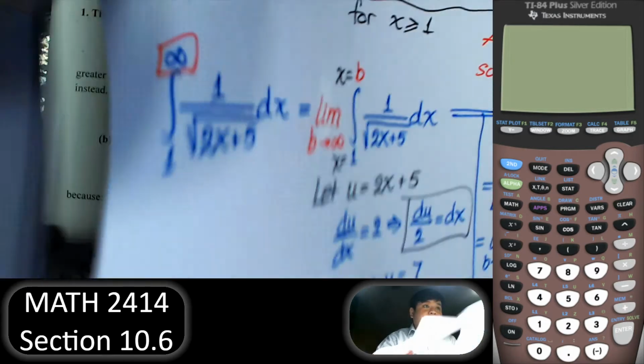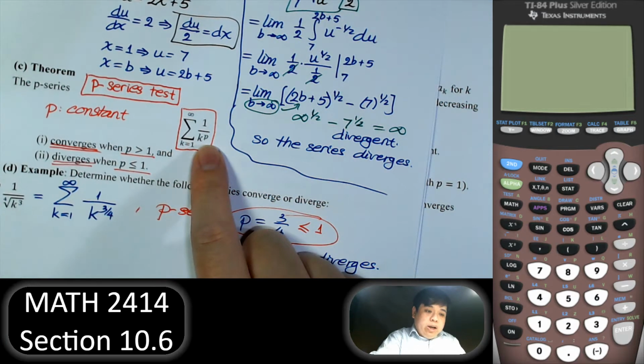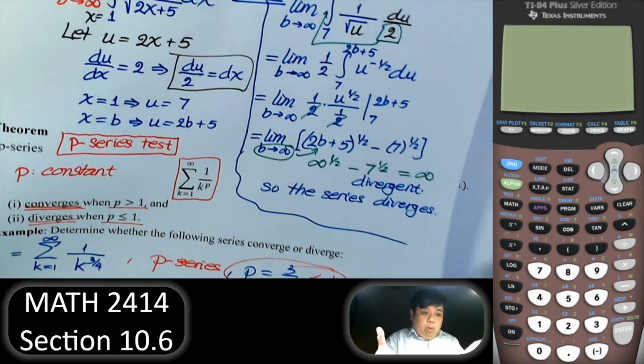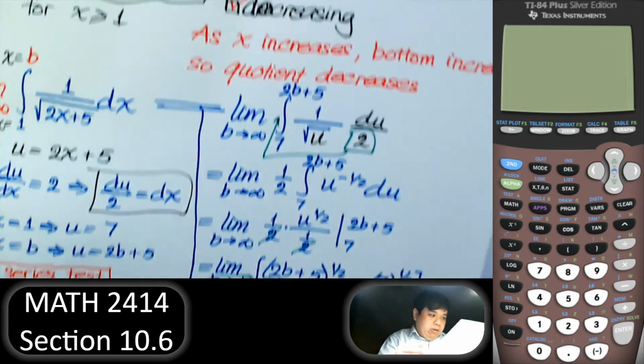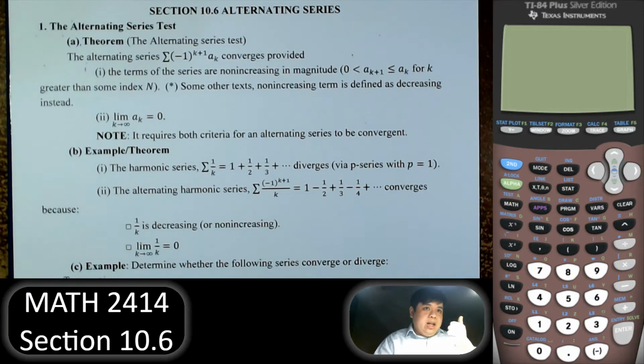And then the P series, including the harmonic series. Then we can say it is convergent or divergent. So pretty much right now we have three special series: telescoping, geometric, and the P series including the harmonic series. And then the tests: divergent test, integral test, and two comparison tests, so 4 tests and 3 special series.